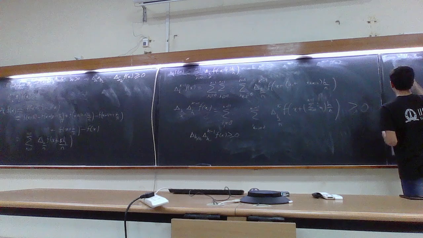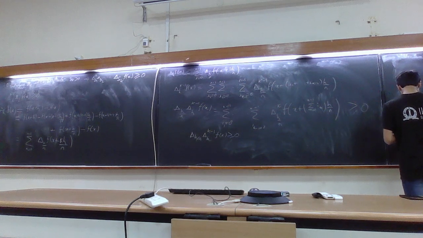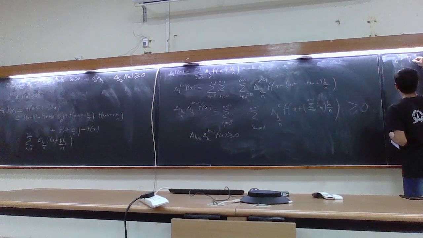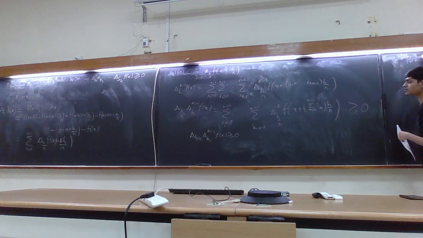So you can write it as delta h k minus 1 f of x plus h upon n is greater than equal to delta h k minus 1 f of x, right?